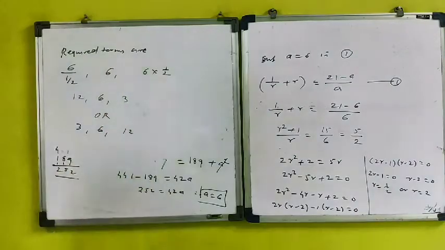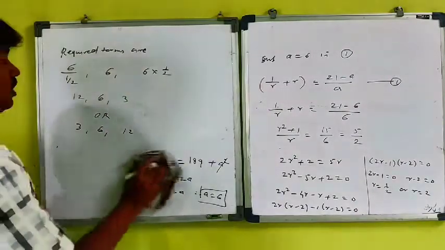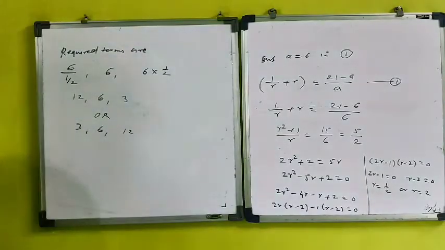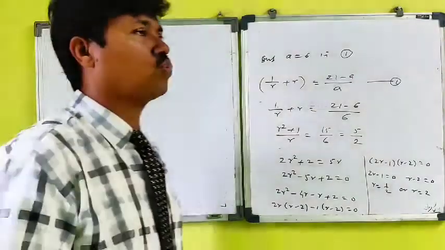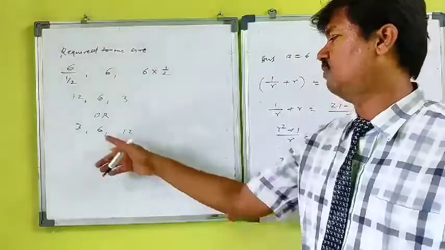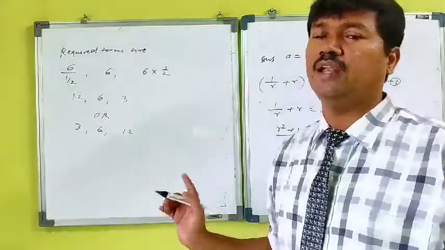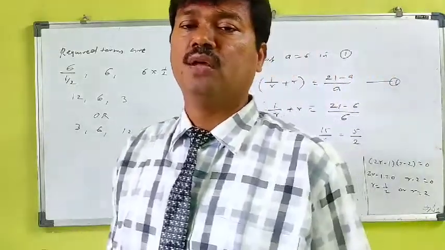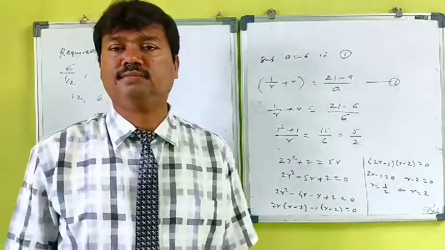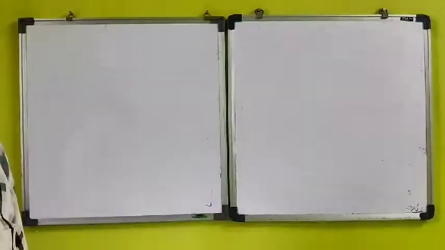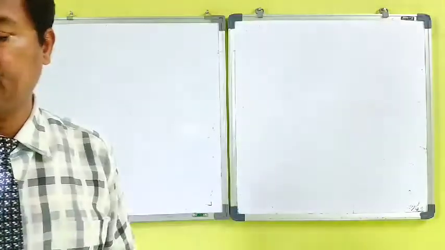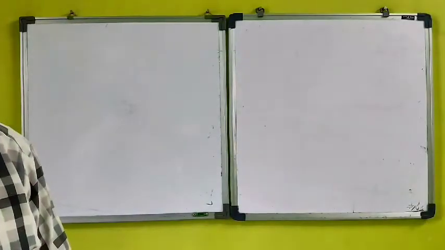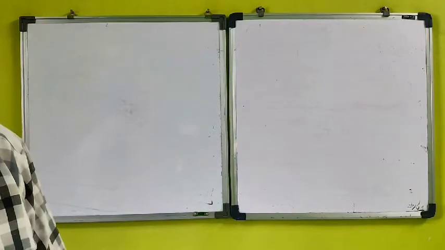So either way, the sum is 21 and the sum of the squares 9, 36, 144 is 189. So this is the correct answer for this. Understood? It's very simple. Yes, the next question after that.